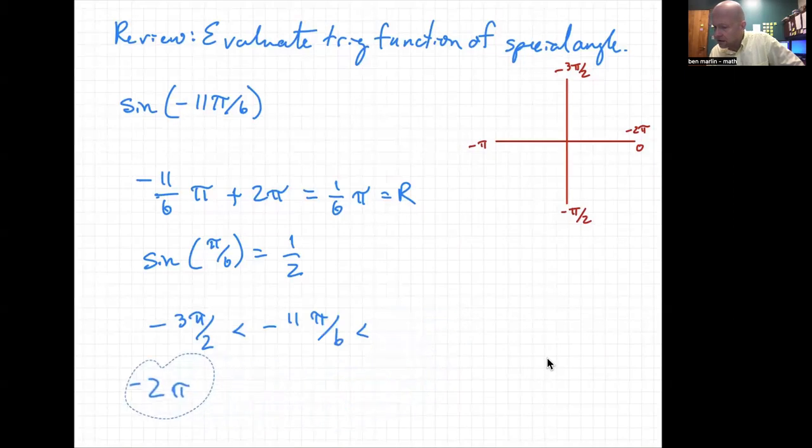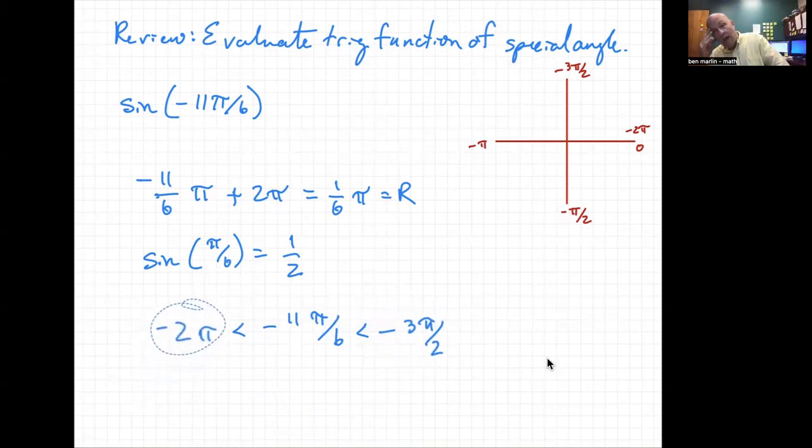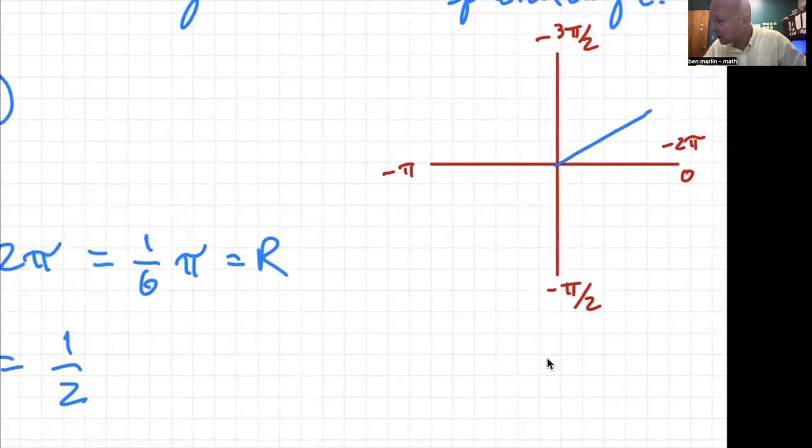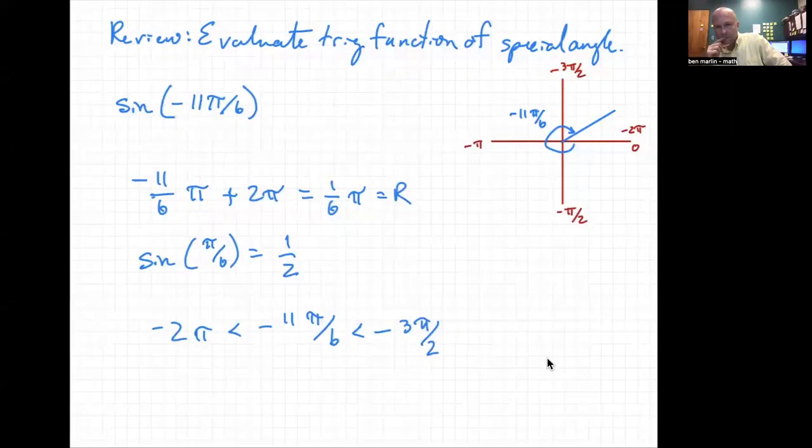But because they are negatives, the negative 2 pi is smaller, is more negative. But we are between those two numbers. I don't really need to know exactly where between those two numbers, but we're somewhere between those two numbers. Our angle is that, negative 11 pi over 6, okay?